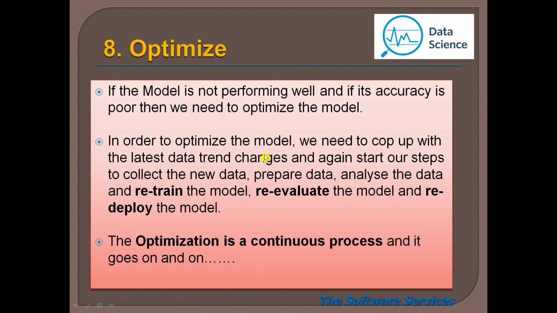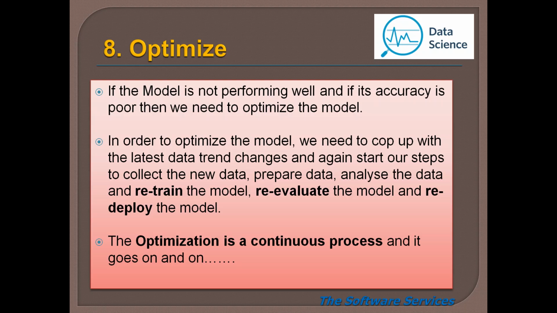So this is the brief about optimization. We have completed all the stages of the data science project life cycle, friends. It starts with the business requirement, and the first stage is data collection, relevant data collection. Then the second stage is data preparation, which consumes 80% of the project's time.